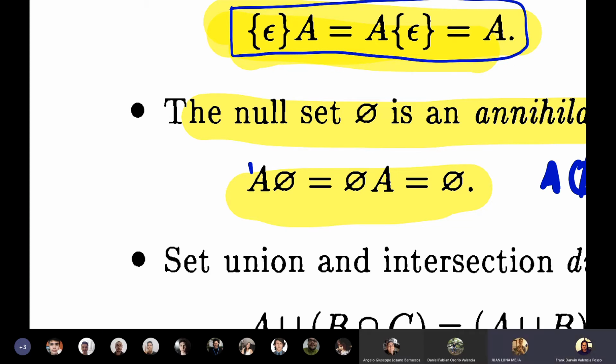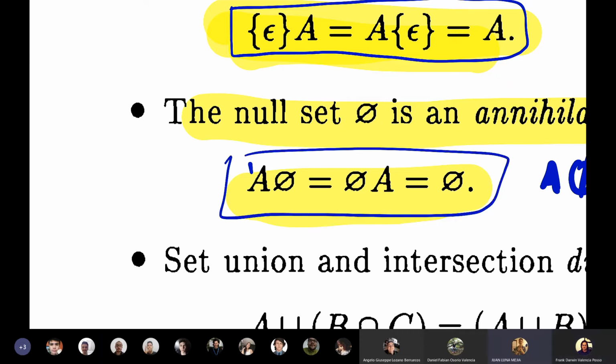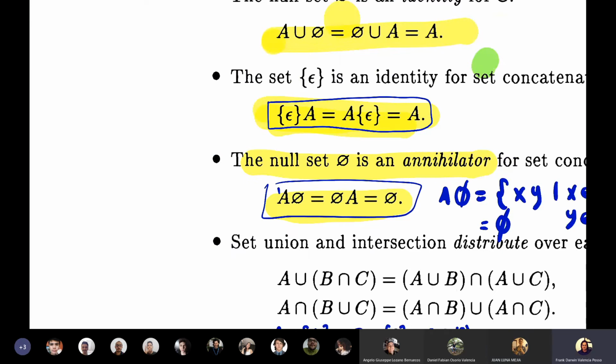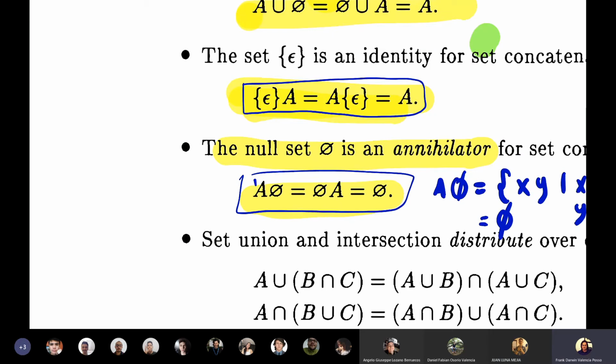Yes, sorry, I missed that. Why is this the case? I don't know, sorry. So you may have missed also the definition of string concatenation. Yeah, I think I missed that.